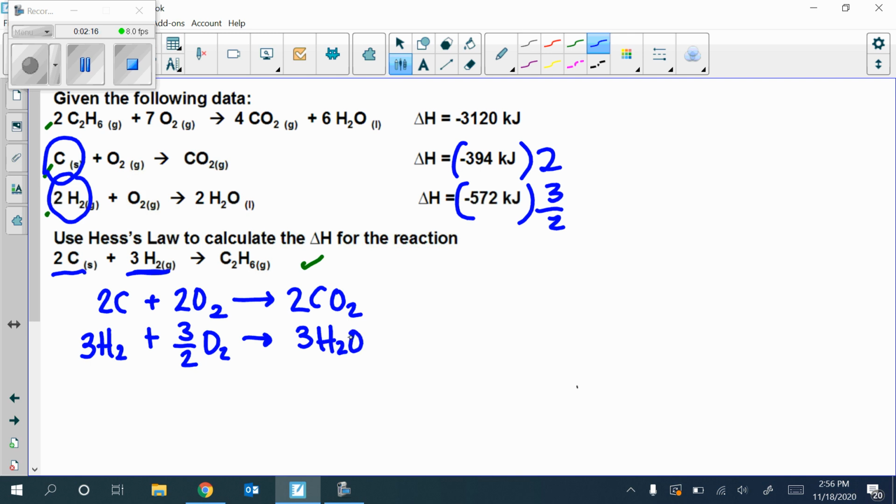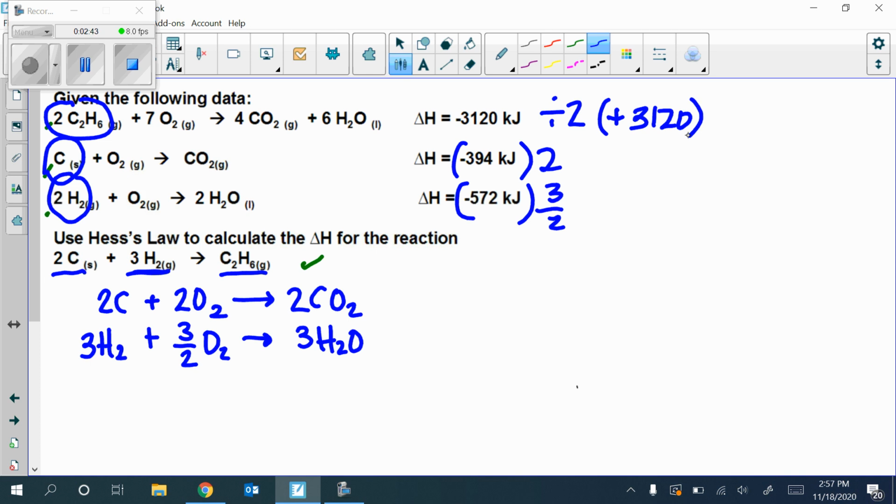All right, now I need to look at my last one. You can see I have 1 mole of ethane there. If I look at the given data, I can see that I have it as a reactant and I have 2 moles of it. So I am going to have to divide by 2 first to get 1 mole of it, and then I'm flipping the equation. So instead of being an exothermic reaction, it's going to be an endothermic reaction.